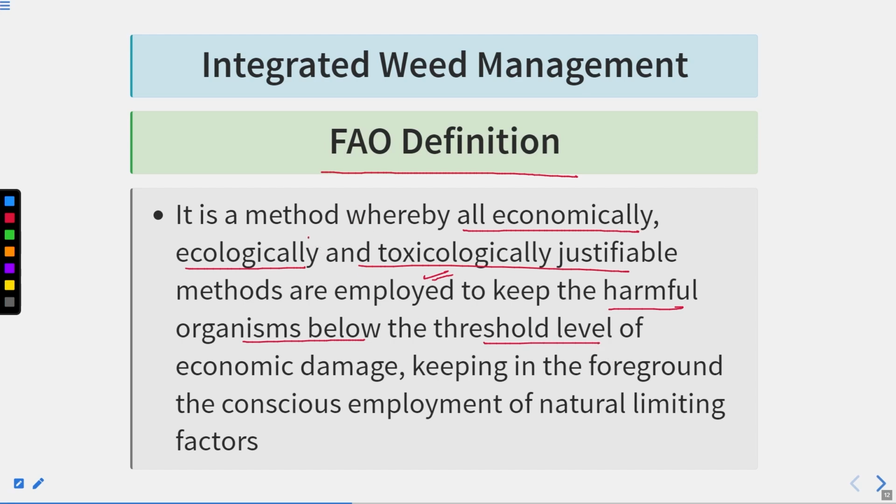So we are using different methods to control the weeds, and we are keeping all these weeds below the threshold level. So we are not affecting our economic damage, and keeping in the foreground the conscious employment of the natural limiting factors.